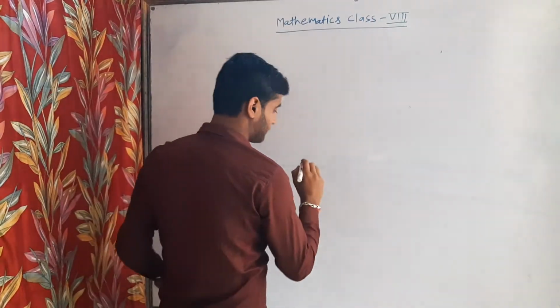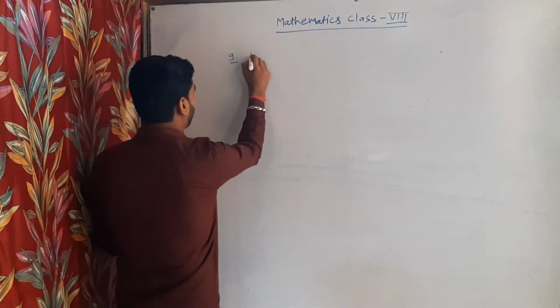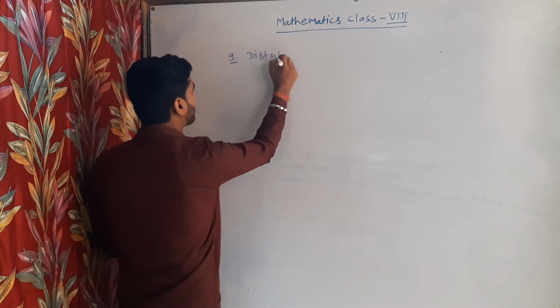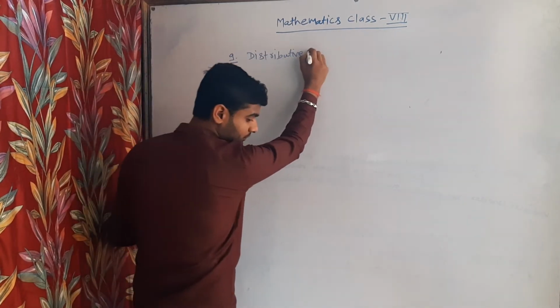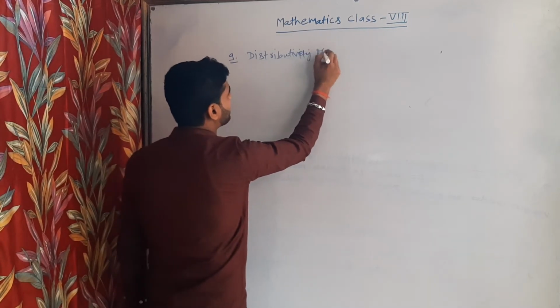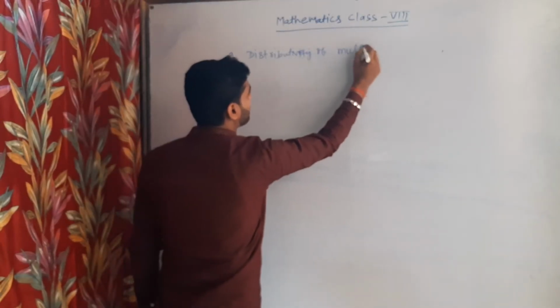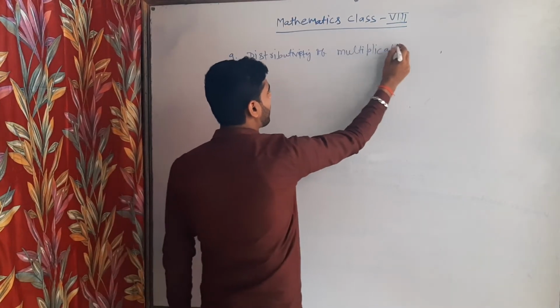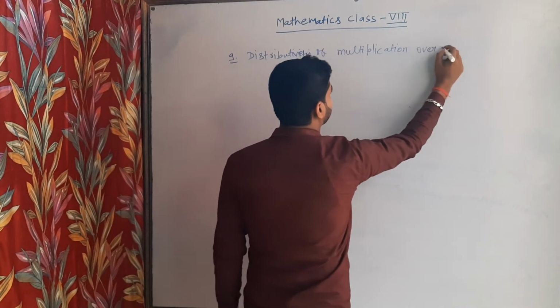Number 9, distributivity of multiplication over addition.